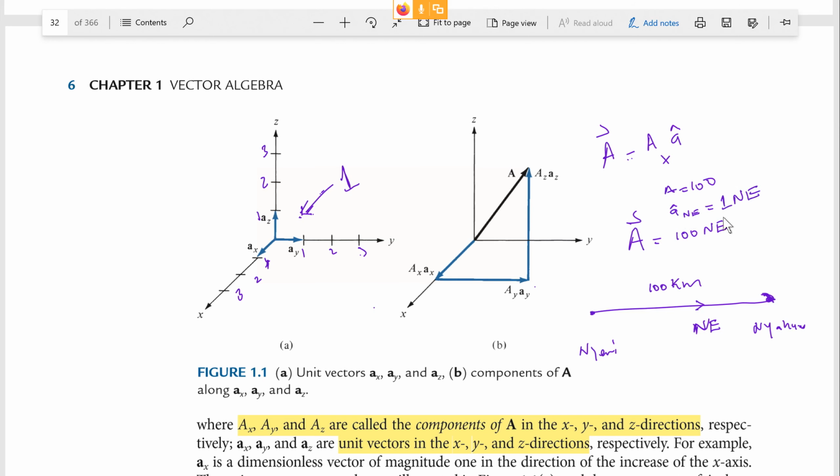A unit means 1 kilometer, or 1 meter, depending on your units. Therefore, this one in the direction of Nyeri to Nyahururu describes the unit vector, that when you multiply by the magnitude of the actual vector, you get the final vector, which is 100 in the direction of northeast. That is the idea of the unit vector. I think that is clear.